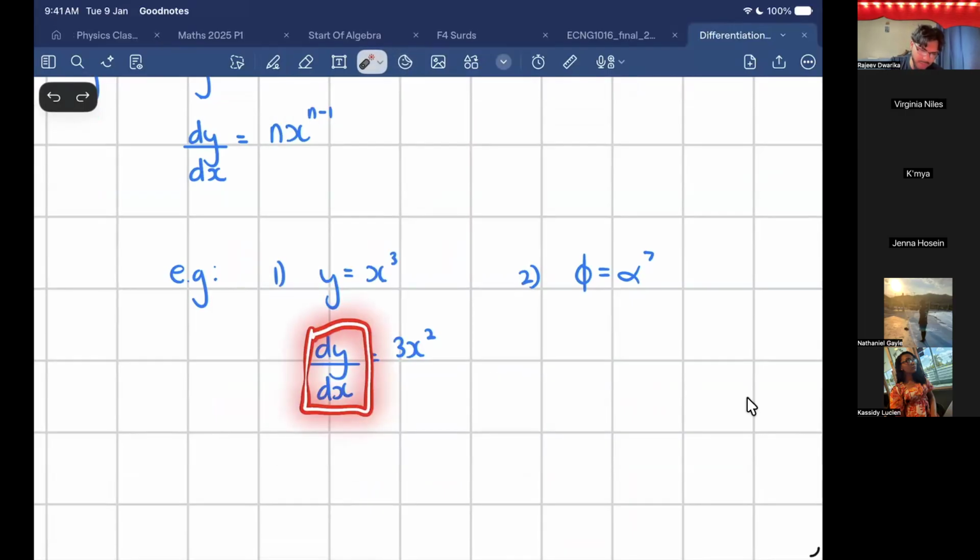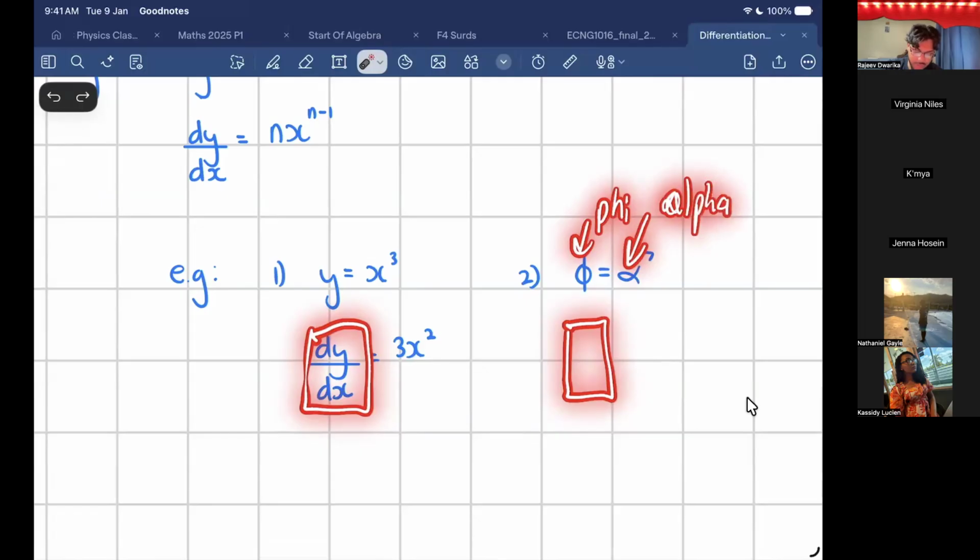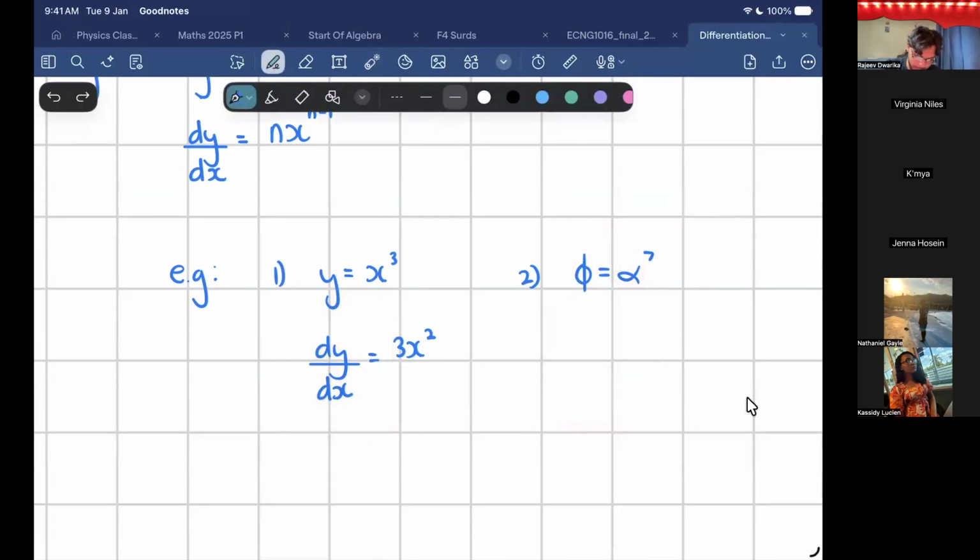So would I say dy over dx, or would I say something else? The symbol is called phi, and the symbol is called alpha. So d phi and d alpha. Yes, d phi on d alpha.